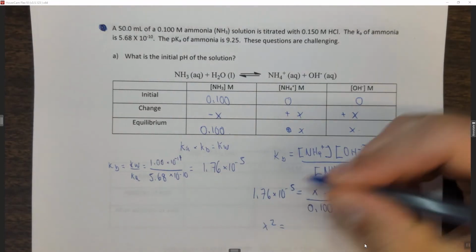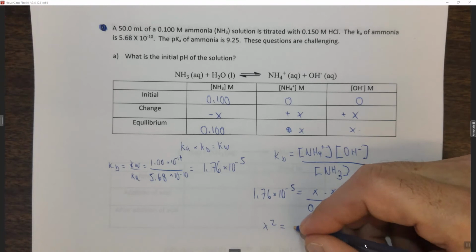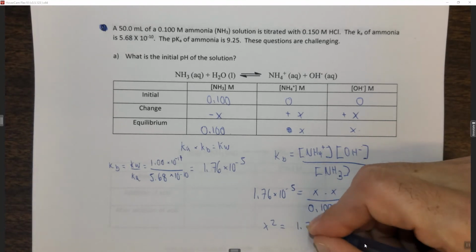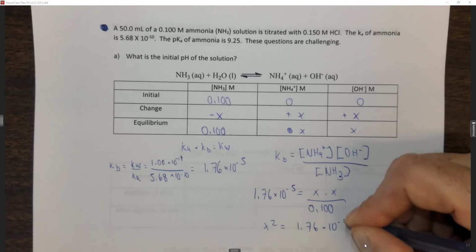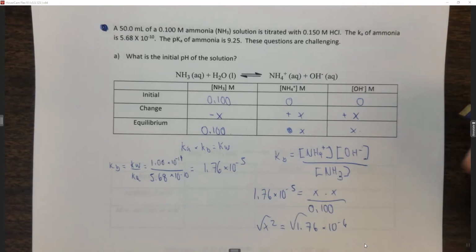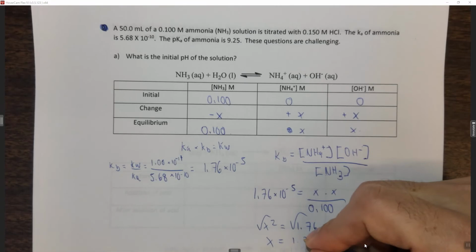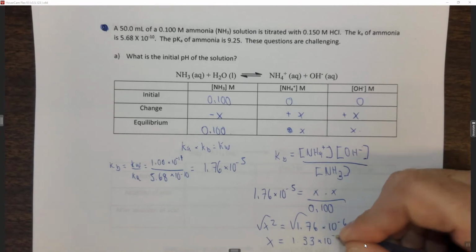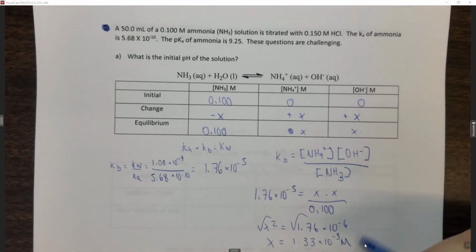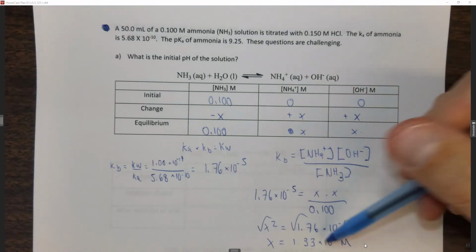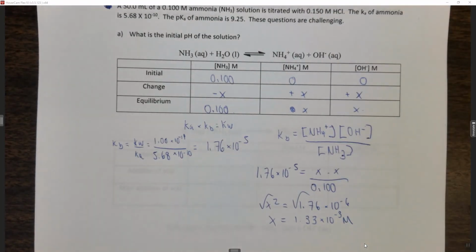X squared equals this times 0.1, which is just going to be 1.76 times 10 to the minus 6. We take the square root, only take the positive answer, and we find that X is 1.33 times 10 to the minus 3 molar. Okay, so it's a little over 1% of this. Actually, it's 1.33% of it, but certainly less than 5 to 10%.